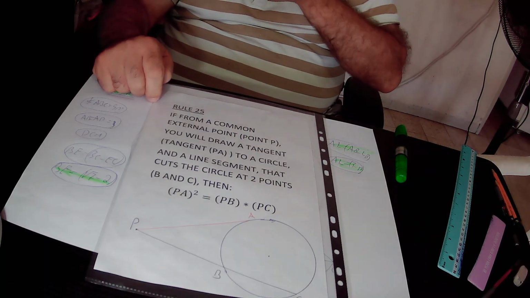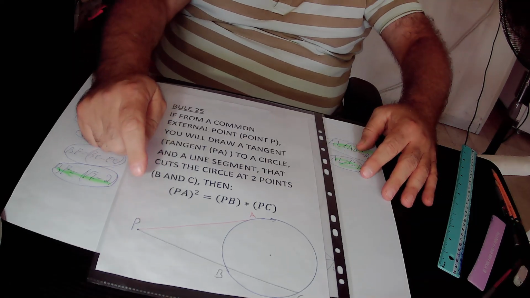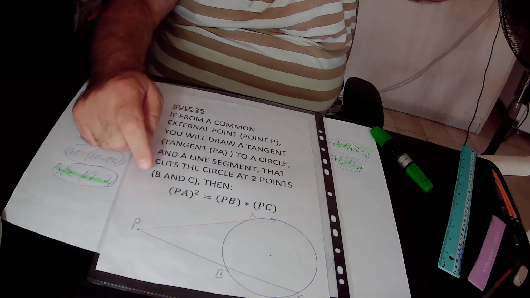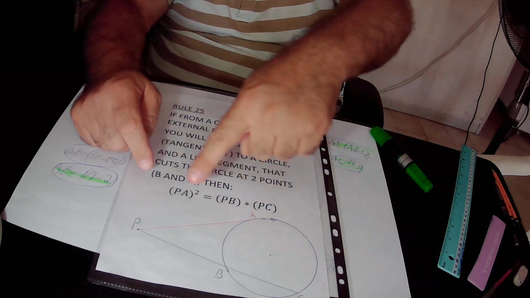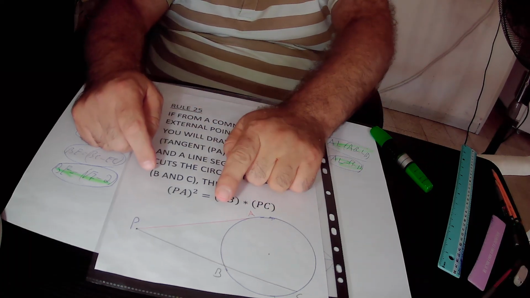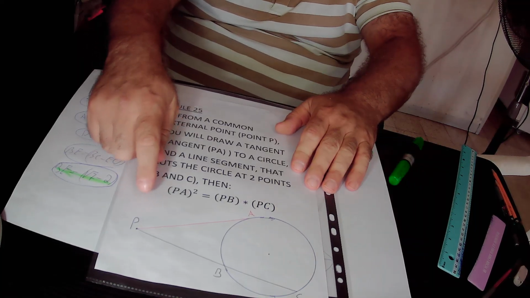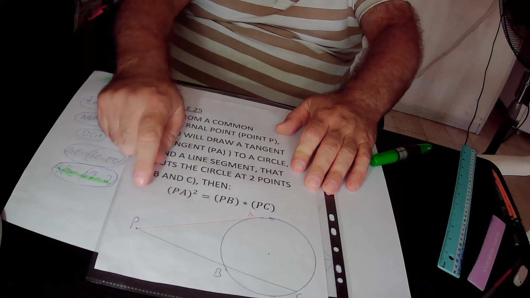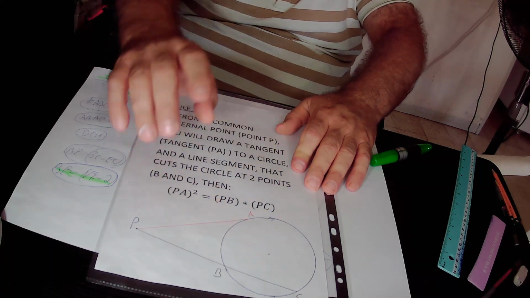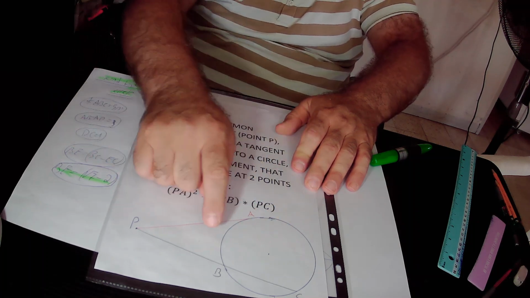According to rule 25, if from a common external point P, you draw a tangent PA and a secant PC, the secant PC cuts the circle at 2 points B and C. So from the common external point P, we have tangent PA that is tangent to this circle at point A, and we also have secant PC that cuts the circle at 2 points B and C. So in this drawing, the following equation is true: PA squared equals PB times PC.